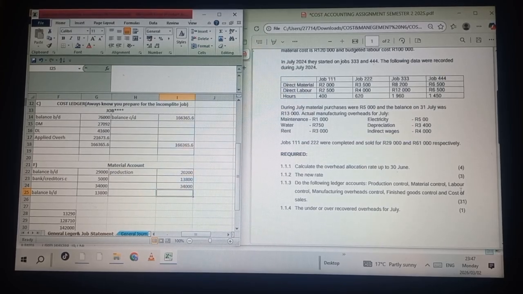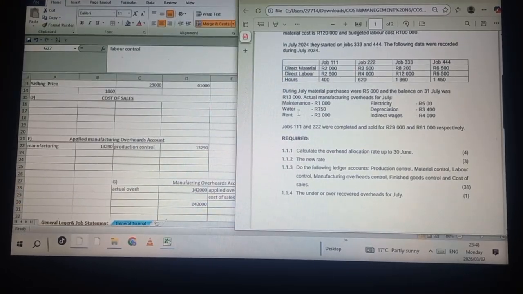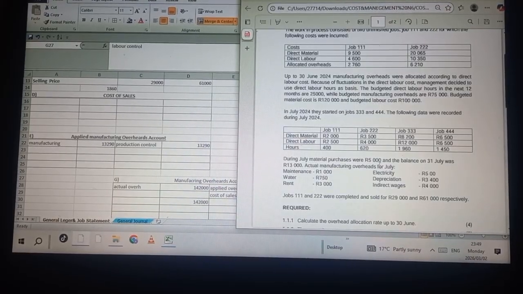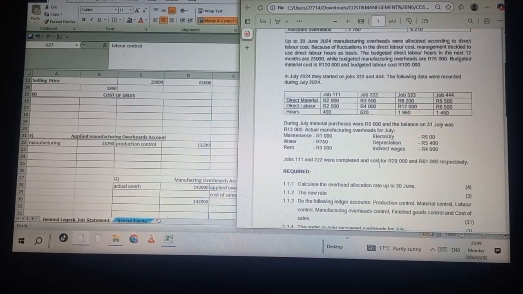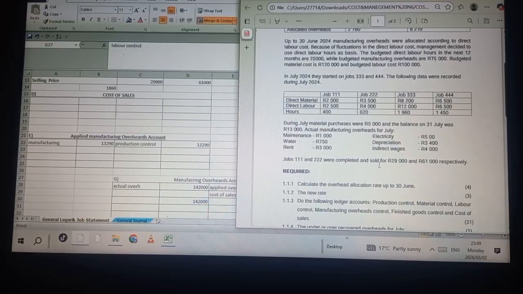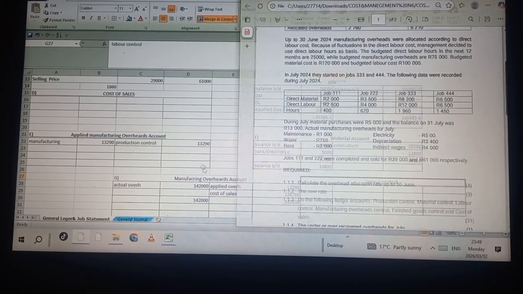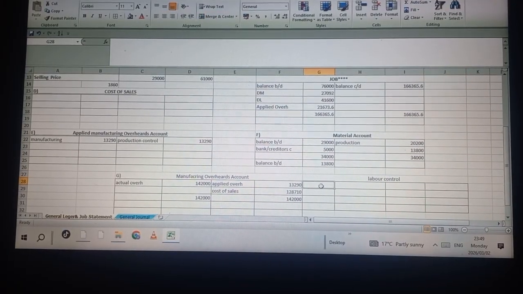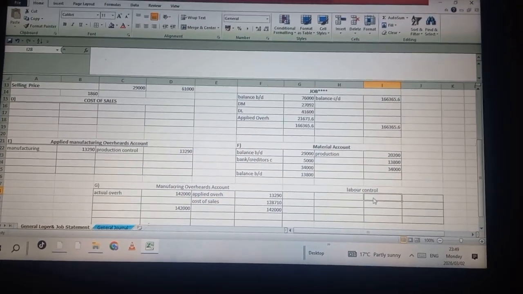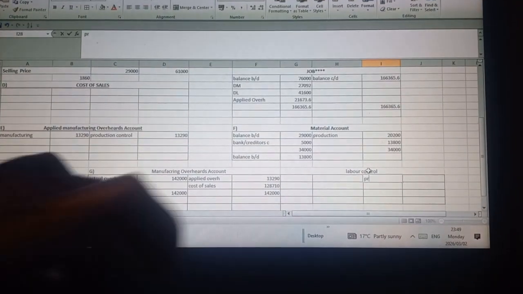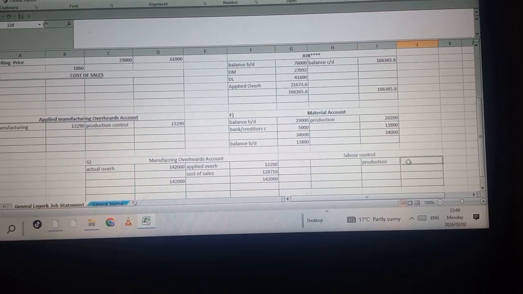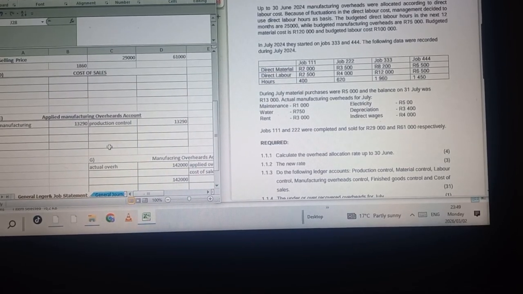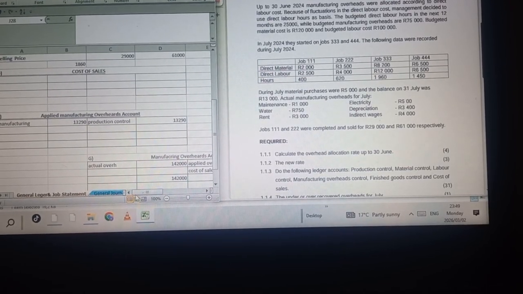And they say again, you should prepare the labor control account, which is direct labor. You don't have an opening balance for the labor account. You don't have any transactions that talk about labor. So our debit side won't have anything, but on our credit side we have production. You open your brackets and add all your direct labor, but we already calculated that.